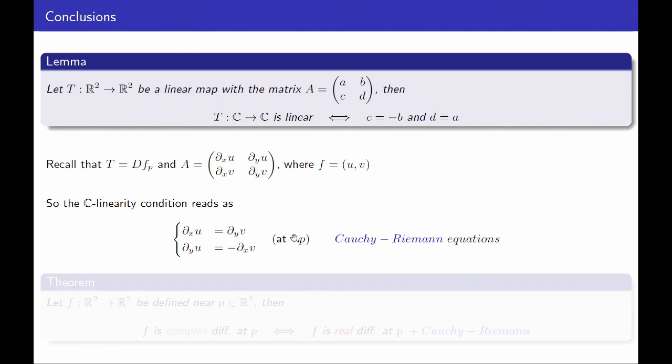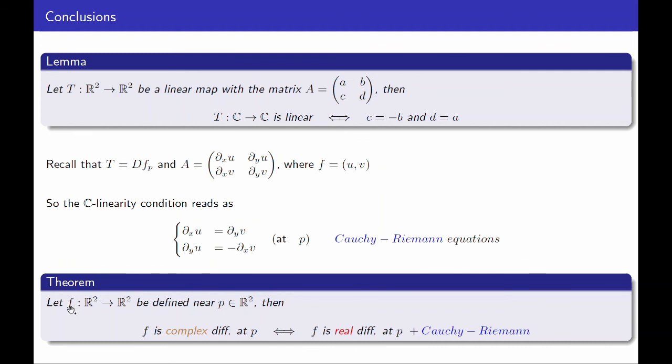So we see how the Cauchy-Riemann equations appear here as simply linearity of the derivative, as a map from C to itself. And the conclusion is the following theorem. If we have a function f from R2 to itself defined near the point p, then the following are equivalent. f is complex differentiable at the point p, and f is real differentiable at the point p, plus the Cauchy-Riemann equations hold.